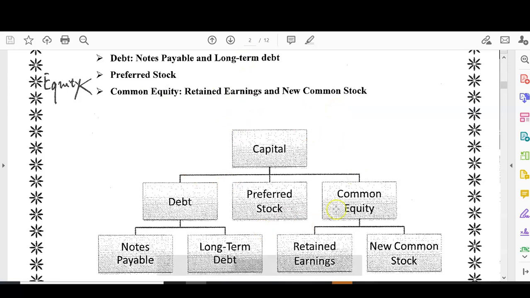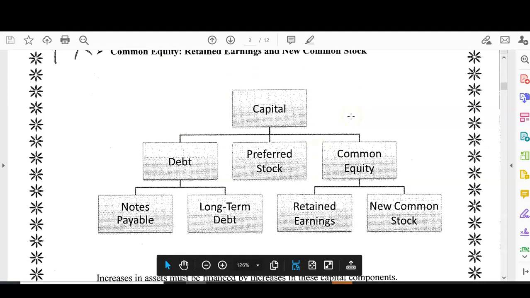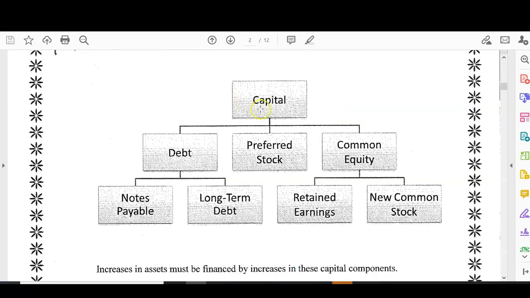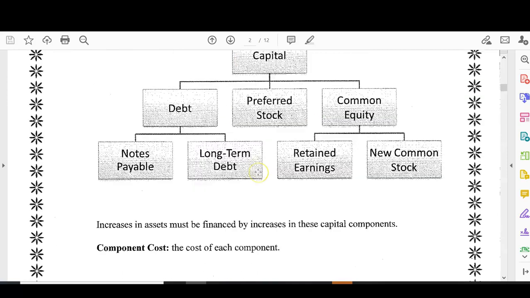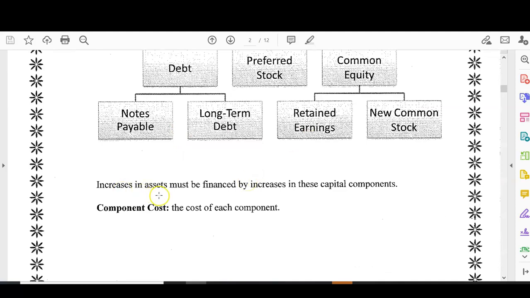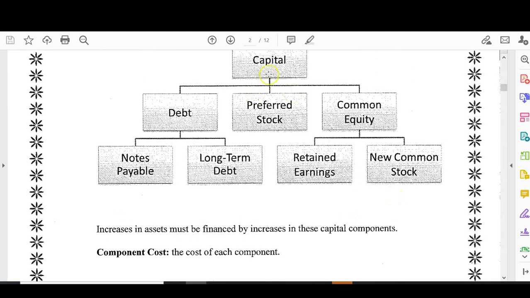This graph shows us the structure of the three capital components and the subgroups. Increases in assets must be financed by increases in these capital components. These are the ways of raising capital.